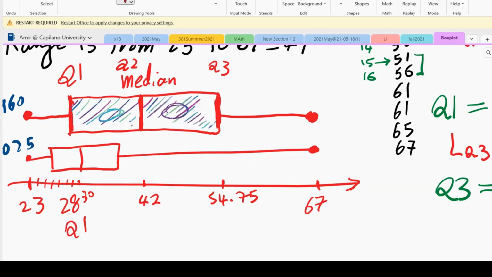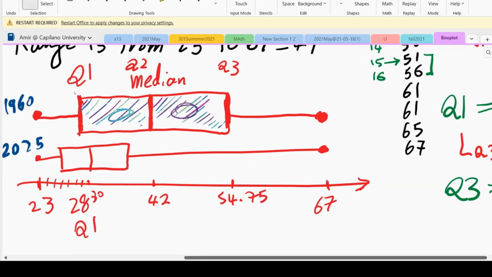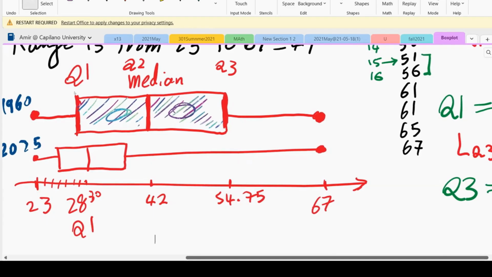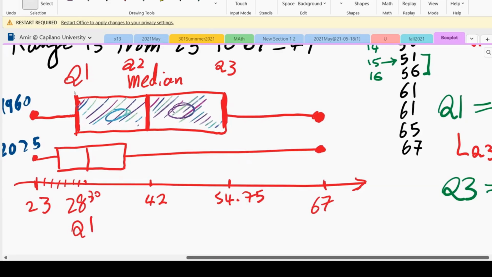And the other thing that we observe here is that the first chart in 1960 is more symmetrical, like the median is relatively at the center, and the middle class are also dispersed around the center of the range. But in 2025, in that society, now we have outliers on the right side, and we have a skewed distribution.